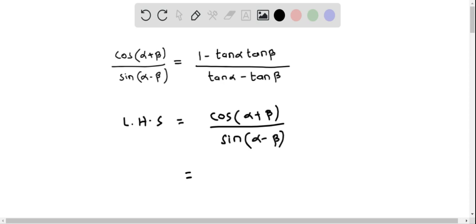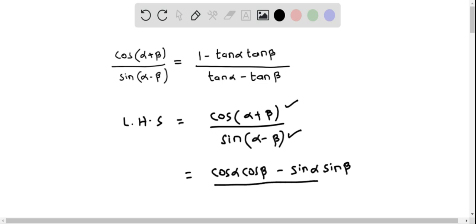And in the next step, I'm going to expand this cosine of alpha plus beta using the sum formula for cosine function as well as the difference formula for sine function. So according to the sum formula for cosine function, cosine of alpha plus beta can be written as cosine alpha cosine beta minus sine alpha sine beta, and this is all over.